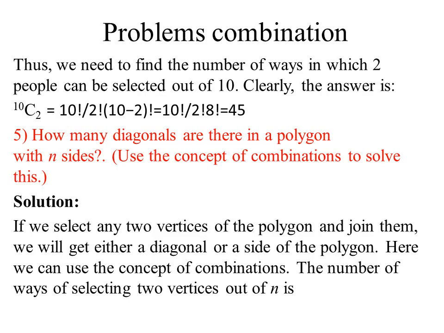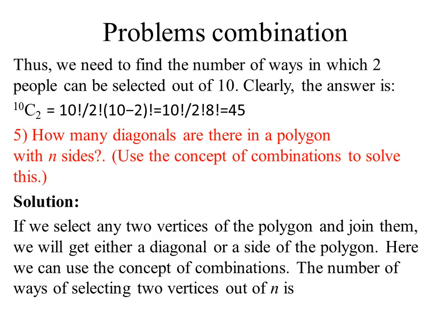How many diagonals are there in a polygon with n sides? Use the concept of combination to solve this. For this solution, if we select two vertices of the polygon and join them, we will get either a diagonal or a side of the polygon.